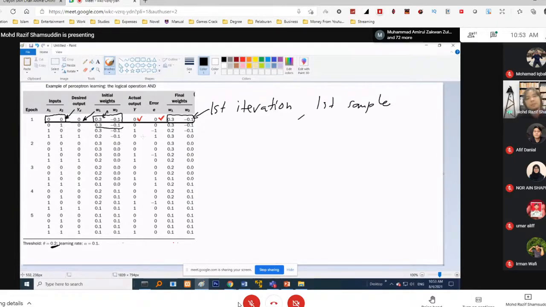Sample yang pertama, data yang pertama. Tapi kat sini dia adalah fifth iteration, iteration yang ke-5.